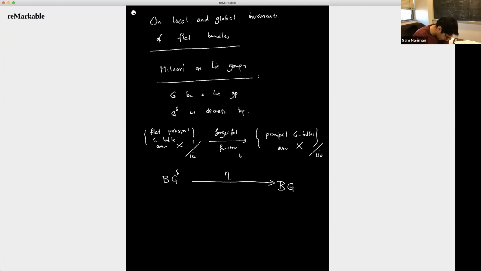One theorem due to Milnor was that if G is solvable, then eta star, the map from cohomology of BG with finite field coefficients to cohomology of BG delta with finite field coefficients, is an isomorphism.